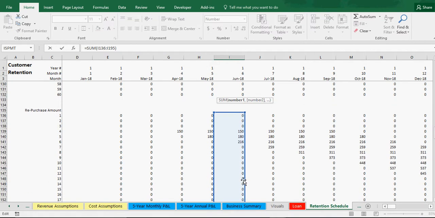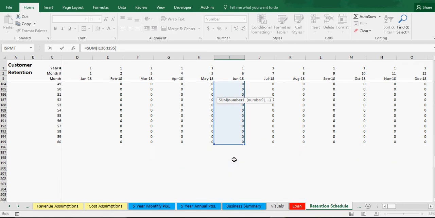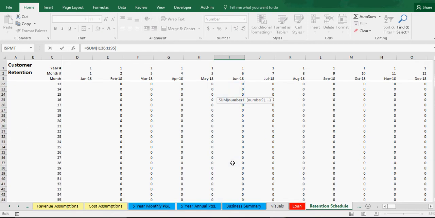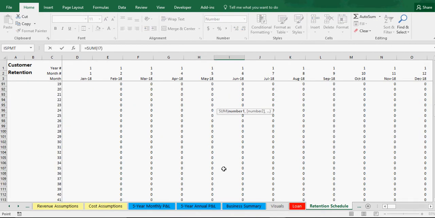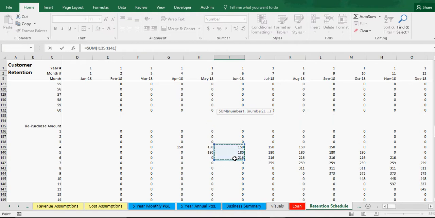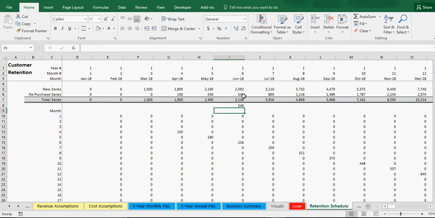150. I mean, there's the numbers. 150, 180, and 216. How is that coming to 546? Let me do something here. Oh, I really don't want this happening in the middle of this, but now that's 546.